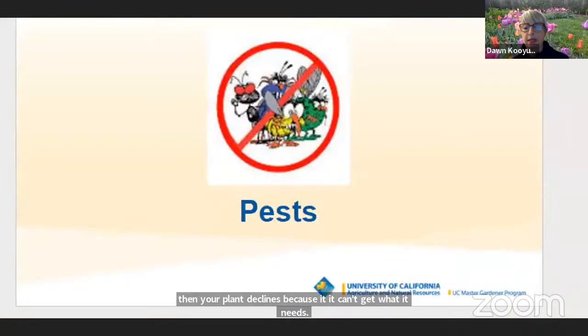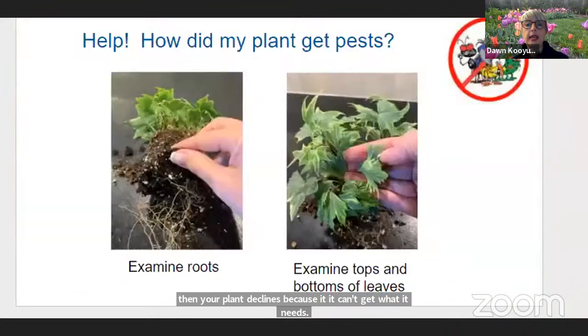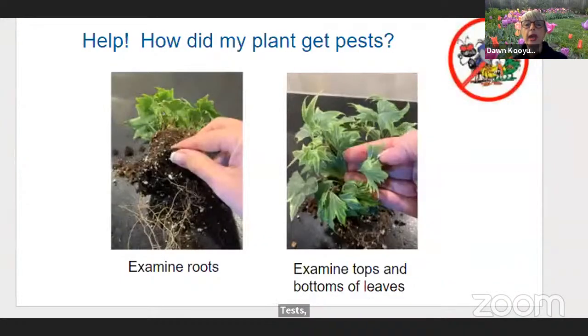Pests. Plants get pests. And how did they get there? The pests don't just spontaneously happen. If you get houseplant pests, it's probably because you've brought in a plant that had some little critters on it.